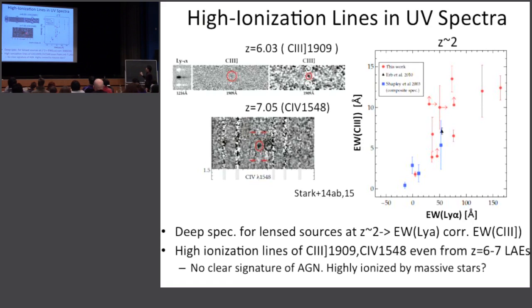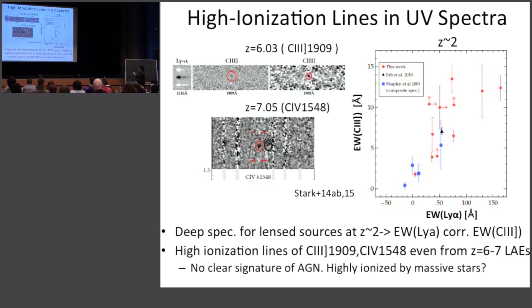And the same thing happens at redshift 7.05. But a recent Stark paper claims the detection of the carbon-4 1548, which is a pretty famous indicator of AGN. But their claim is that this does not originate from AGN, but from star formation with high ionization.